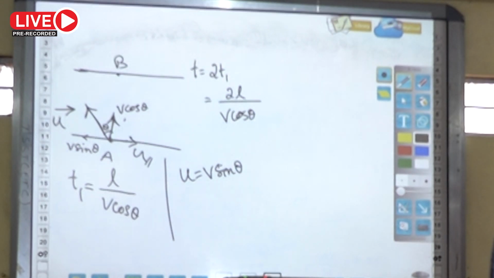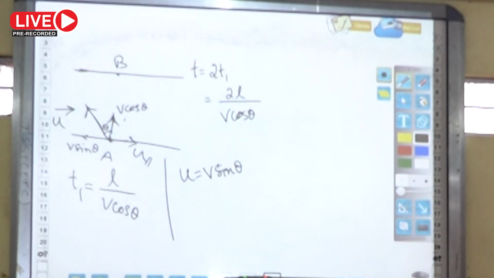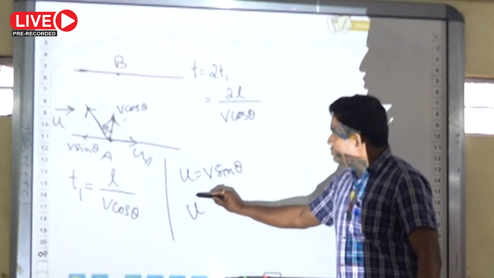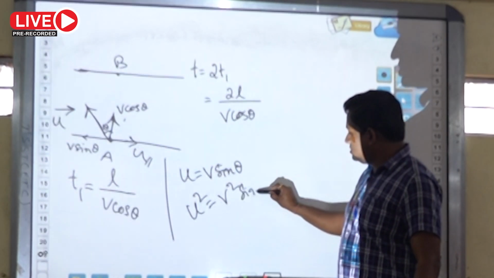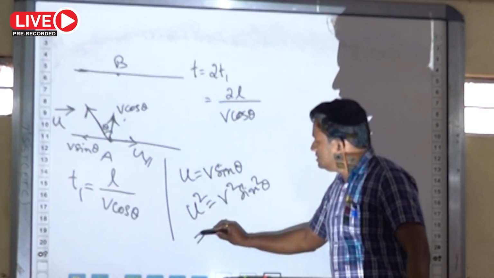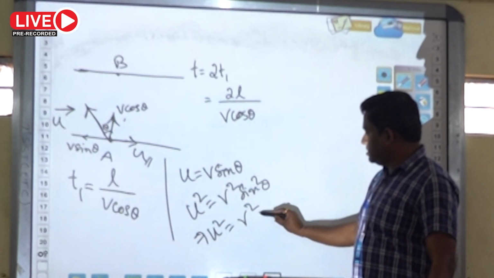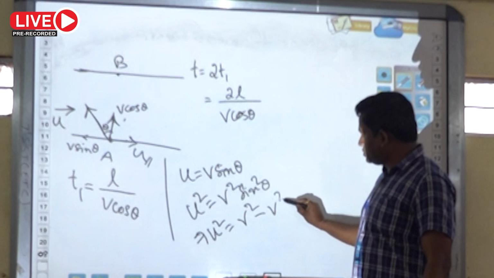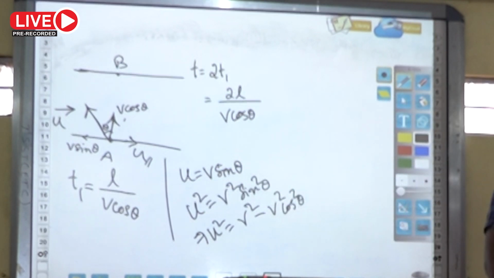So u square equals v square sin square theta, means u square equals v square minus v square cos square theta, because sin square theta is 1 minus cos square theta.